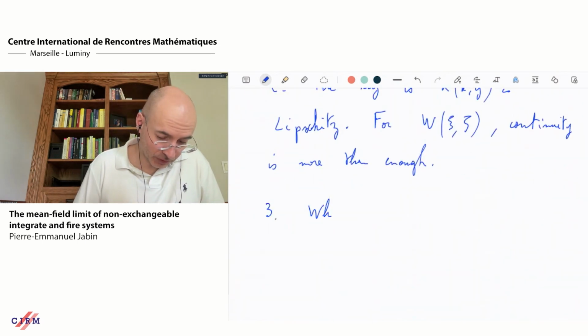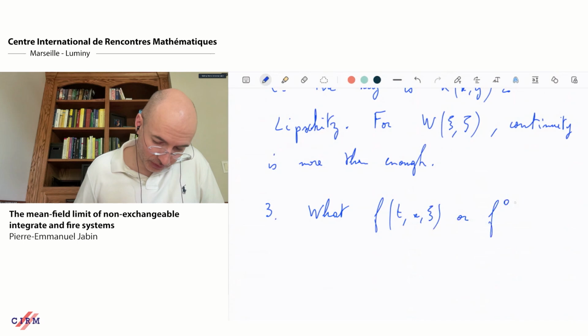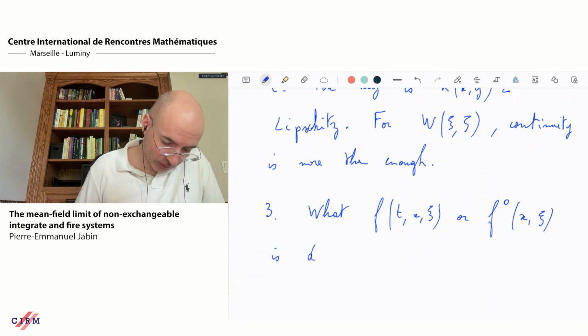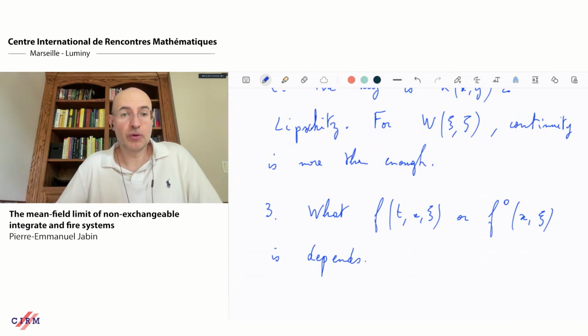Now, of course, the third remark: what f of t, xi, or the initial data, is, depends. So if you give me a deterministic psi, I have to put Dirac masses.